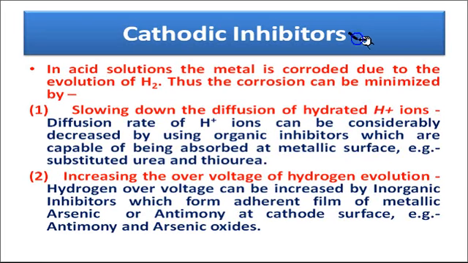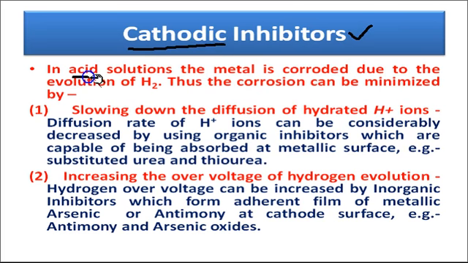Now cathodic inhibitors. We know cathodic inhibitors are the substances which reduce the rate of the cathodic reaction. By knowing the detailed mechanism of the corrosion reaction, we know that the cathodic reaction is highly dependent on the surrounding environment.